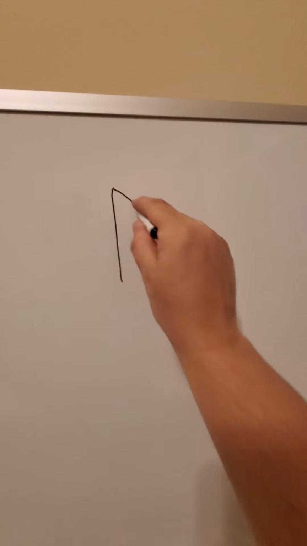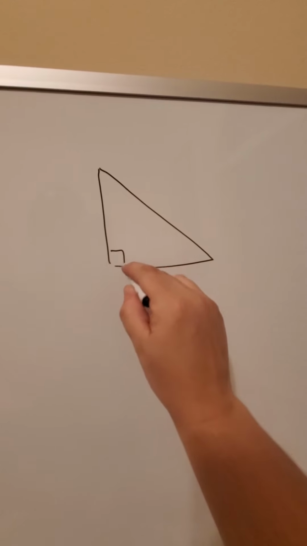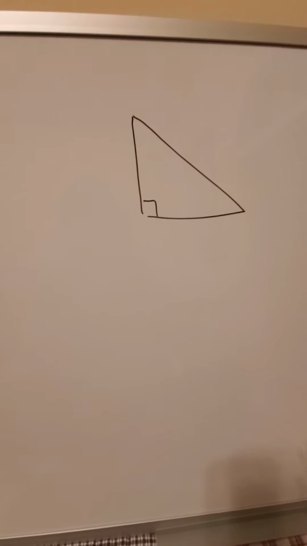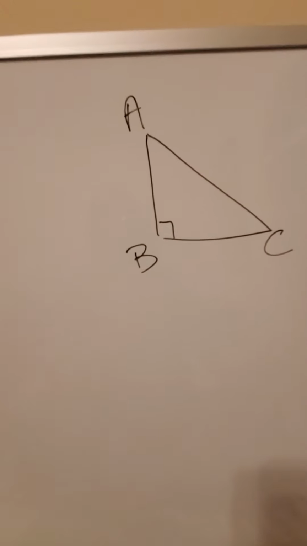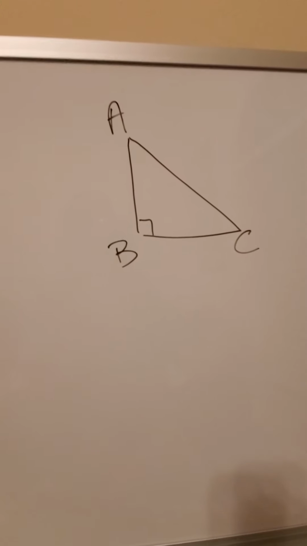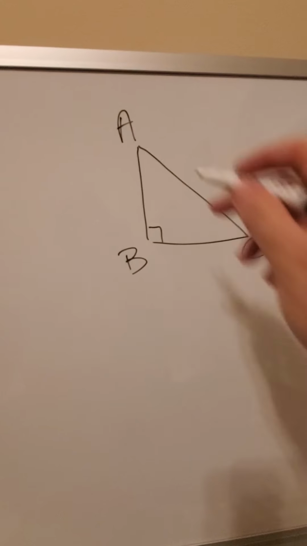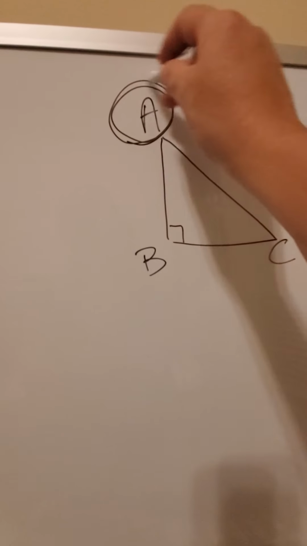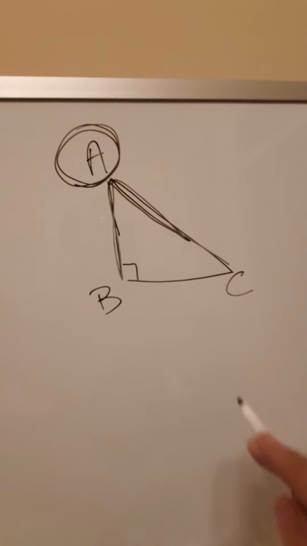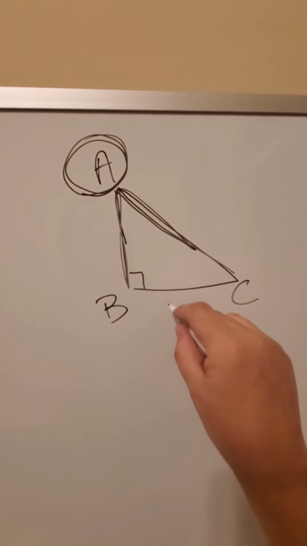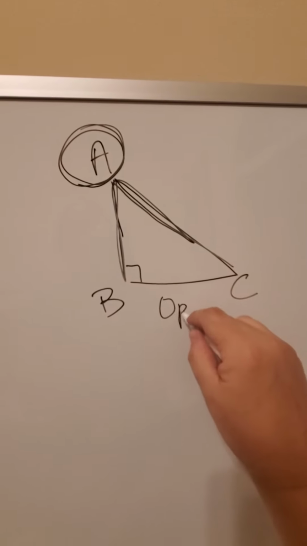So if I were to draw a right triangle, and we're just going to keep this simple for now. We'll call this angle A, B, and C. If I'm looking from the perspective of angle A, which is right here, this becomes my opposite side.